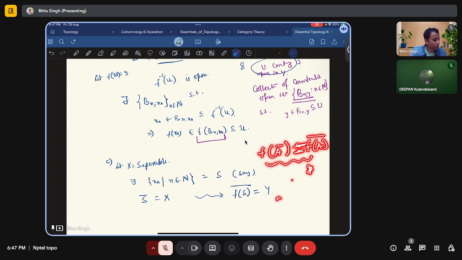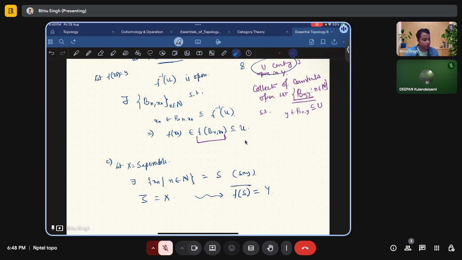That is, you can prove that F inverse of A closure is contained in F inverse of A whole closure. You can use this fact to prove that F of A closure is the same as F of A whole closure.